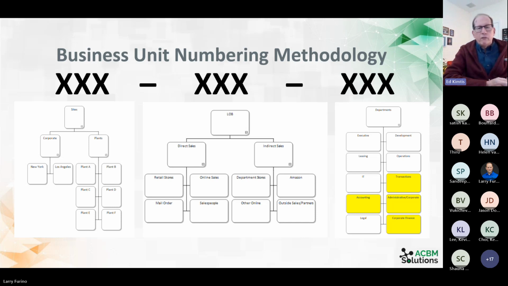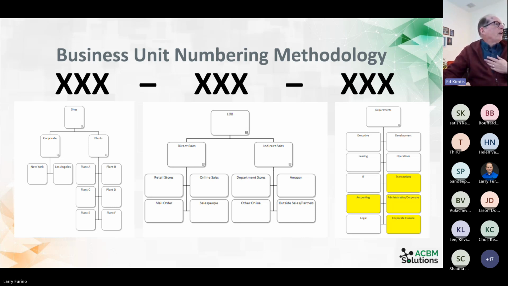Now, every business unit can have many attributes. We cannot show them all in the code that you're going to use, but we want to reflect in the code things that are helpful to define what it is and make it more visible to the user. So it could be what location you're at, it could be line of business, it could be departments, those could be elements of the code.